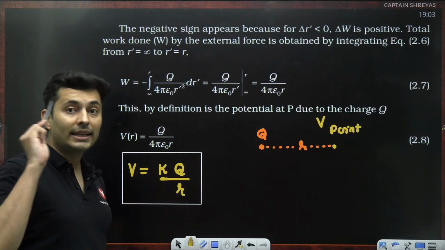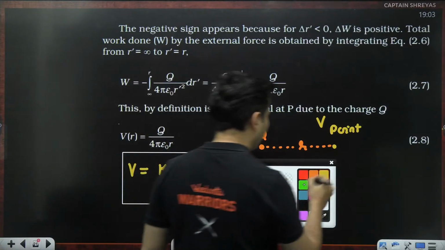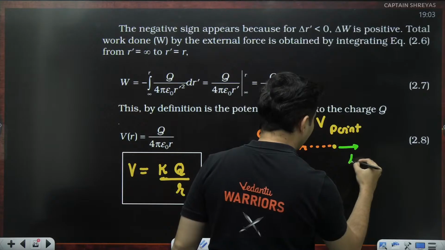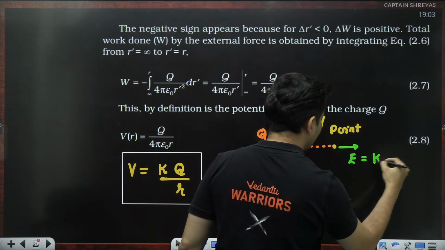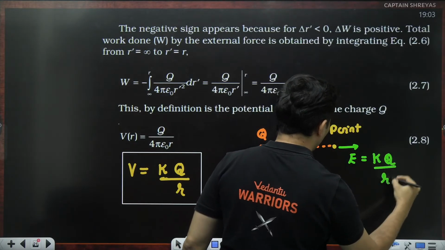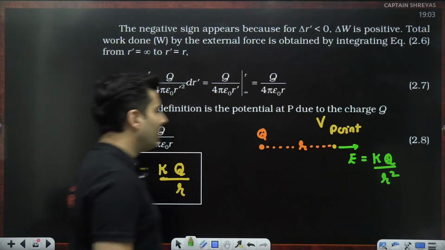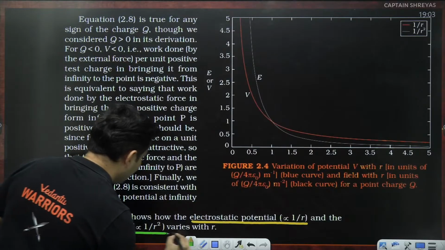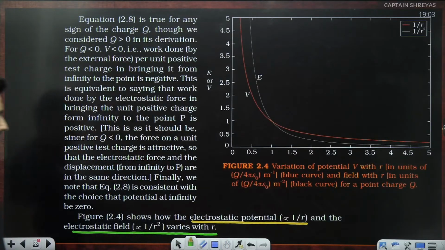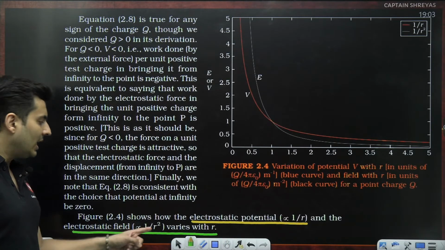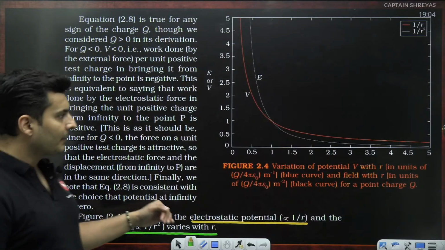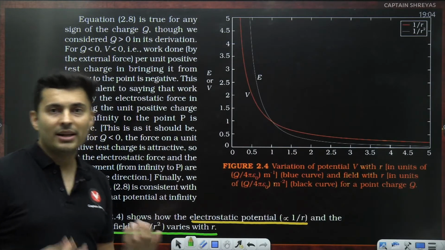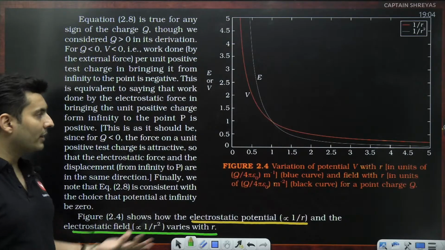If you remember, electric field at that same point was KQ divided by R square. So it is inversely related to the square of the radius. That's why electric field will fall more rapidly with distance.